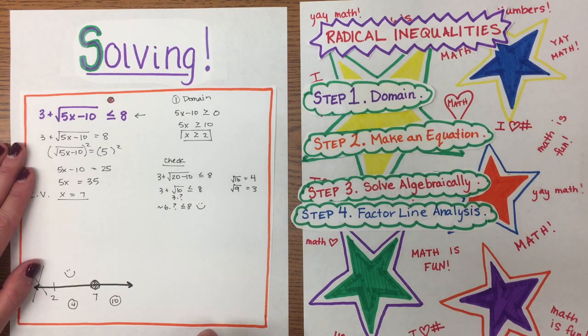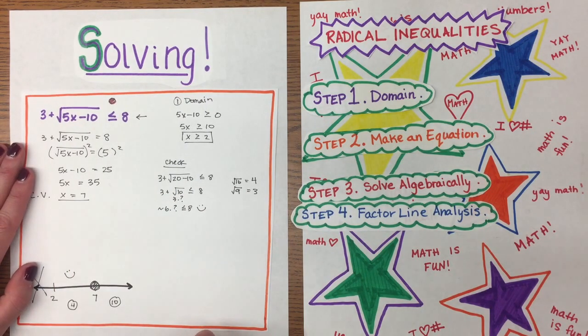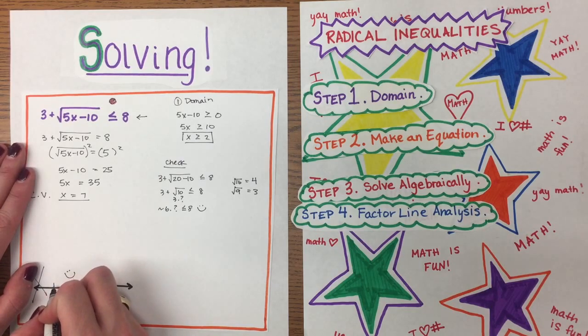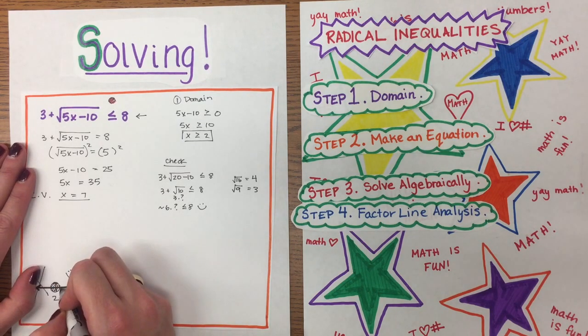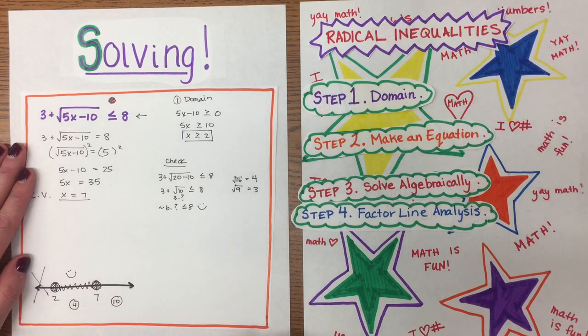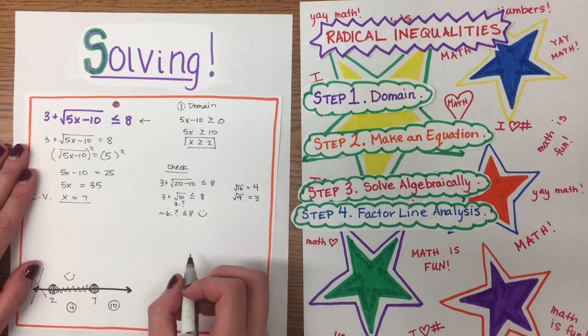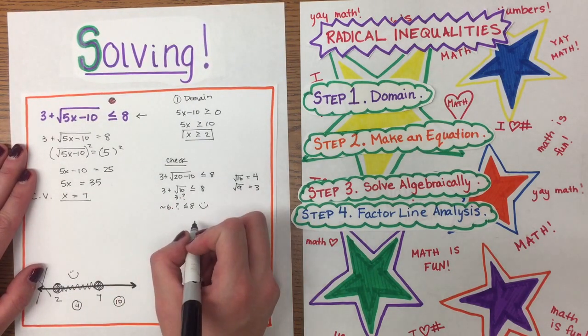So this region is a happy face. It's a success. In this case, this is greater than or equal to 2, so that greater than or equal to is going to get a closed circle, and I'm going to shade in that region there.